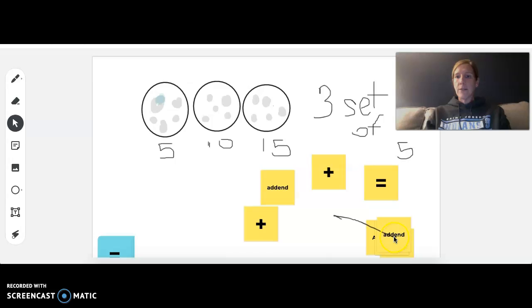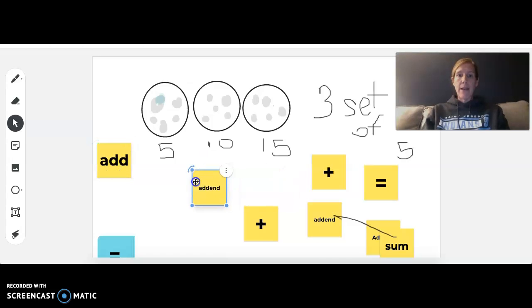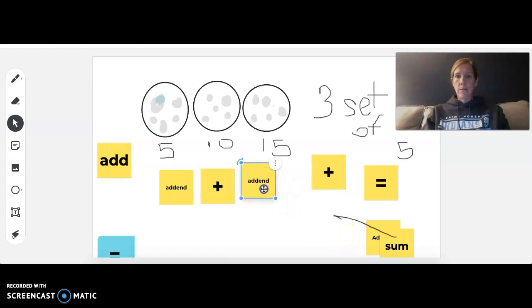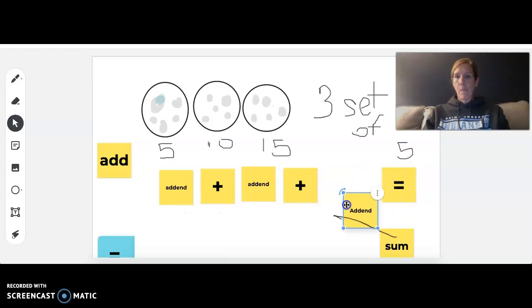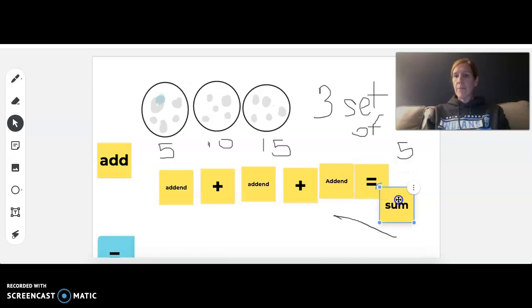Okay, ready? So I'm going to take these Post-it notes and I'm going to see. Okay, when I add, I have an addend plus an addend, plus another addend. Am I going to have enough room? Equals a sum.